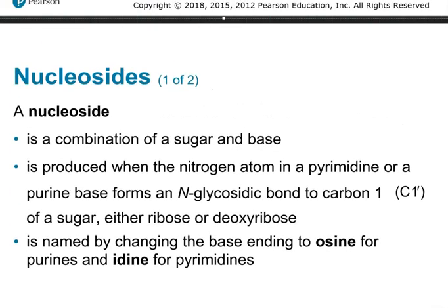So the combination of a sugar and a base is a nucleoside. Okay. Now, a nucleoside is produced when one of the nitrogens in the pyrimidine or in the purine forms a glycosidic bond, a so-called N-glycosidic bond, to the first carbon of a sugar.